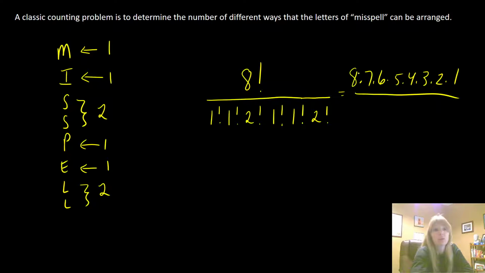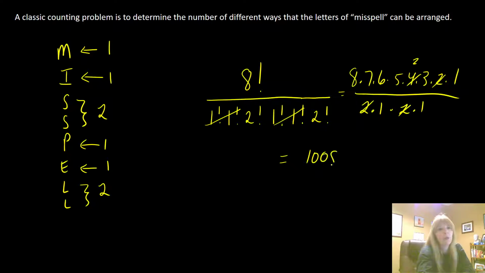Hopefully you have found that factorial button in your calculator. And then of course all the ones are just 1, so 2 times 1 and then 2 times 1. Okay, so I could cancel out the 2's, and when I multiply these I get 10080. So that would be the number of ways.